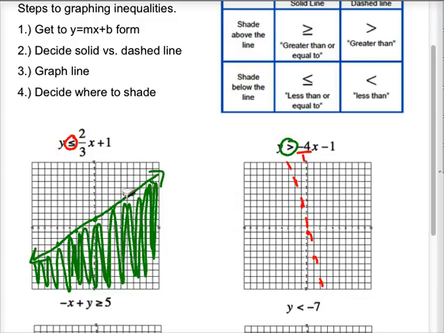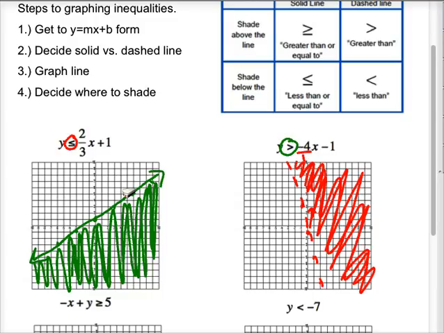And where's greater than? Greater than is going to be above my line. So if you start at any point on the line, where would above be? Above ends up being right up here. You can always go to a point and just think up or down from that point, and that's the region that you end up shading.